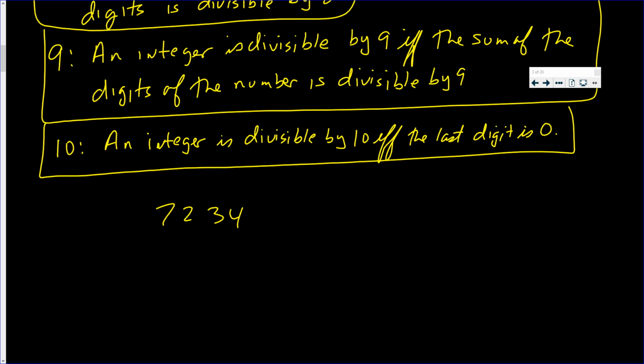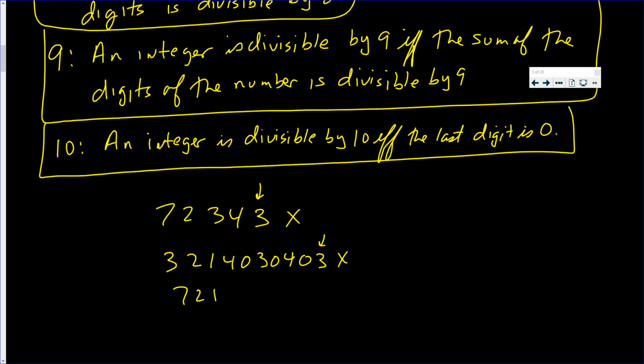Is this number divisible by 10? No, because that's not a 0. 32140303403. Lots and lots of zeros. The last digit is not a 0.